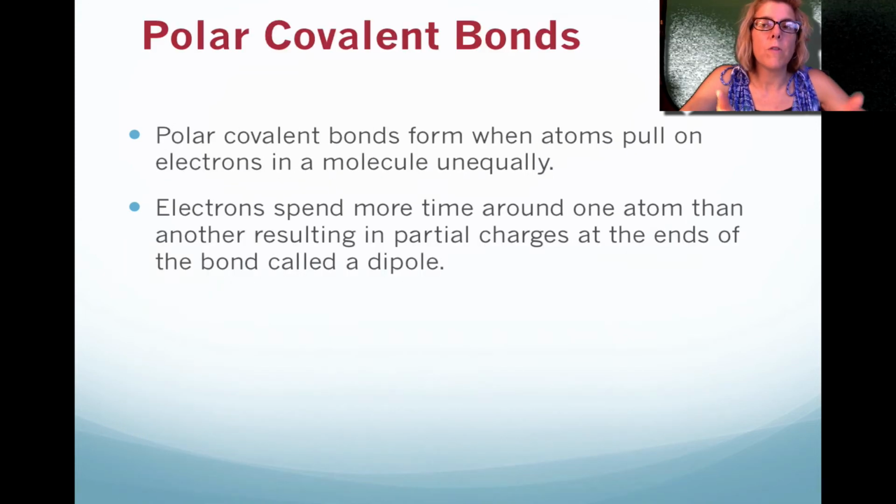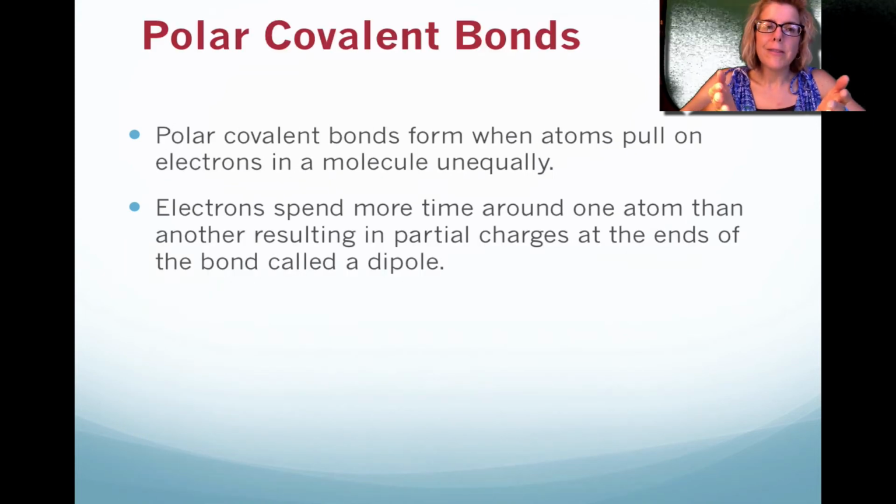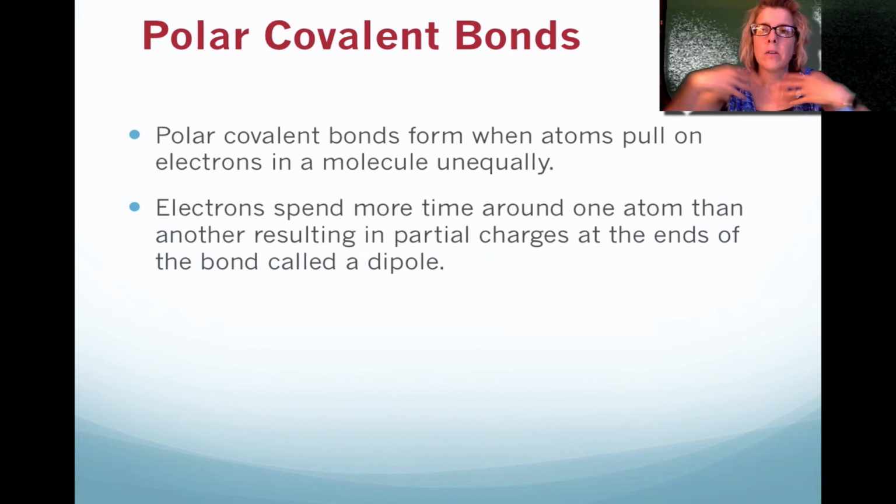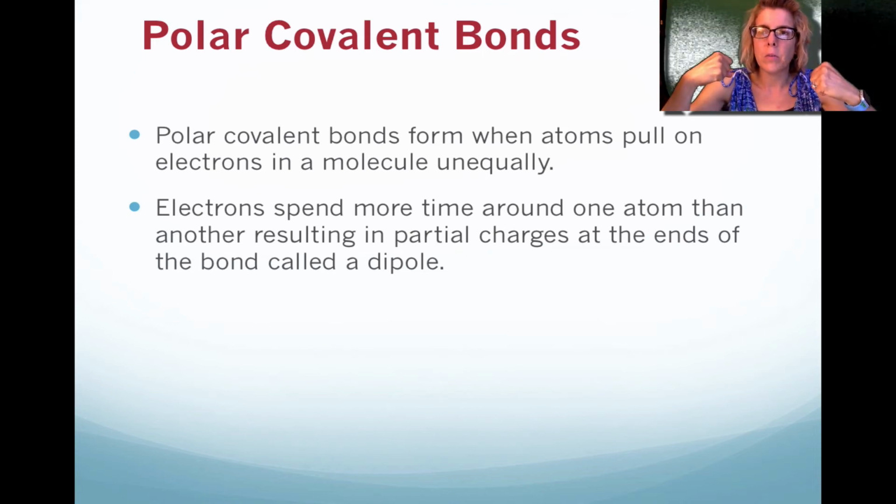Okay, so polar covalent bonds, why do we care? Well, the interesting thing is when we have unequal sharing, there's a different level of attraction. One of the substances that you deal with on a daily basis, water, tends to be polar covalent because the oxygen in the molecule tends to hold on to the electrons more tightly.